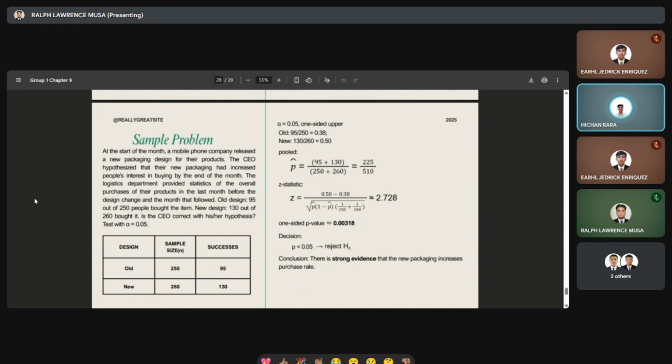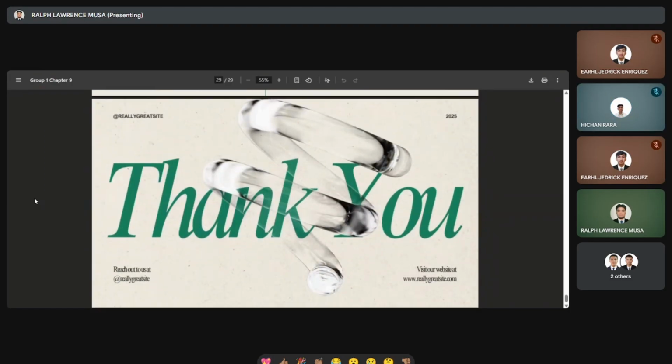Then for our z statistic, we just use the formula, and our value will be 2.728. Then the p-value is 0.00318. So we reject the null hypothesis. Therefore, the new design significantly increases the purchase rate. And that would be all, and thank you.